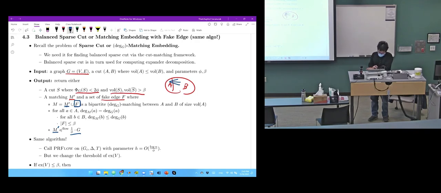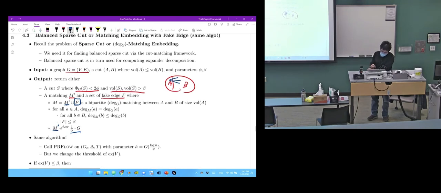So this is just another algorithm that if you can solve this in log square time, then you can use this as a subroutine in the cut matching framework to find a balanced sparse cut. Right? Just need to recall the previous lecture.